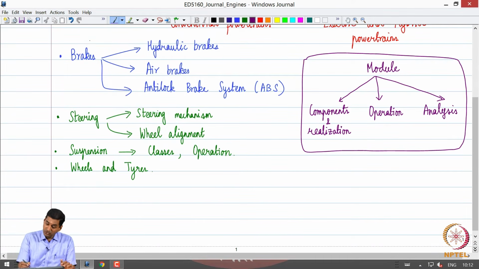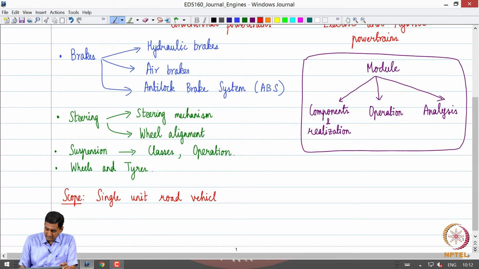And the scope of this particular course would be primarily on what are called single unit road vehicles. So, essentially we will be looking at road vehicles, we will not be focusing on off-road vehicles in this particular course.